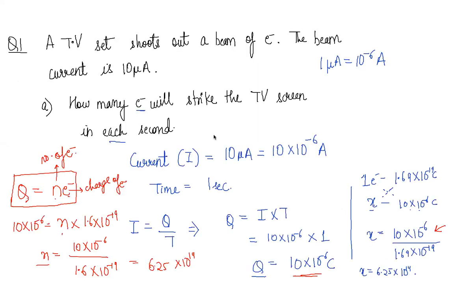So the solution of this part will be, the charge striking in 1 second is 10 into 10 to the power minus 6 coulomb. In 1 second, this amount of charge is striking on the TV screen.